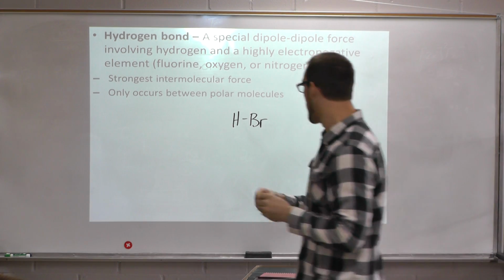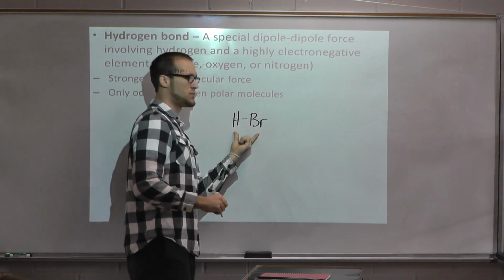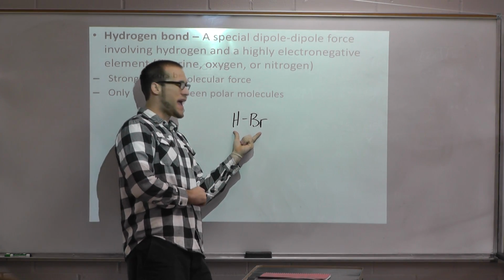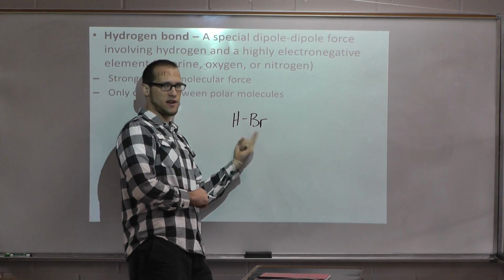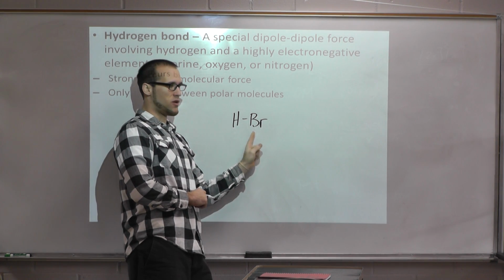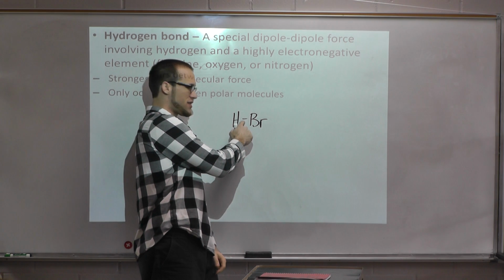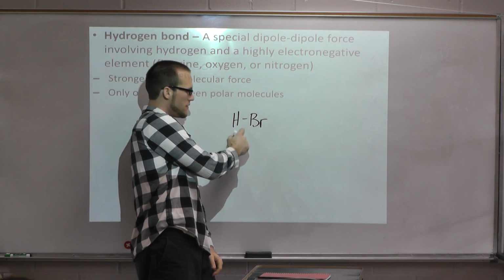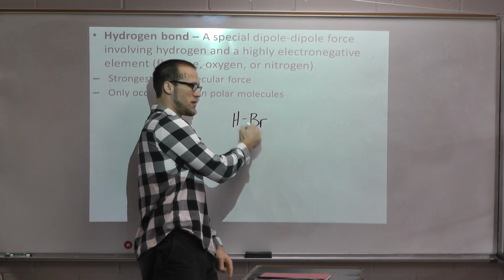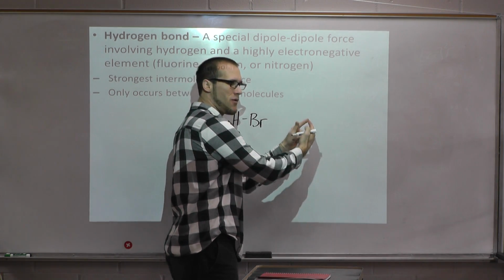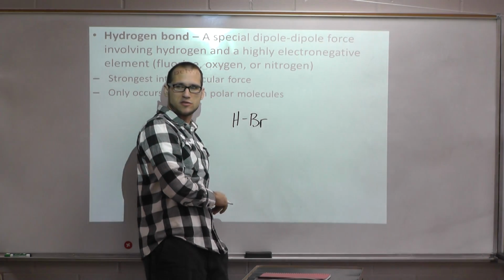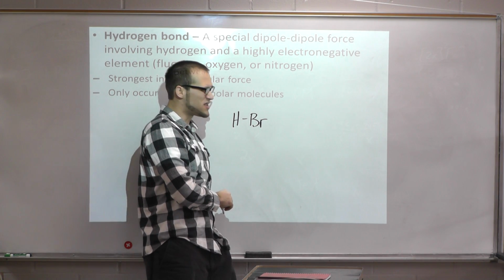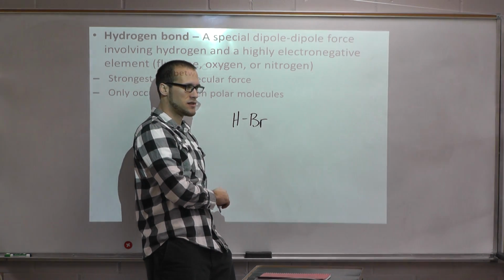Okay, quickly reviewing. In this particular situation, which one is more electronegative? Bromine's more electronegative. What does that do to the electrons in here? They go closer to bromine. When you have a shift of negative things that way, it creates a partial charge. Where is the partial positive charge?